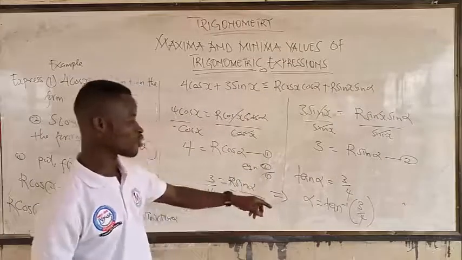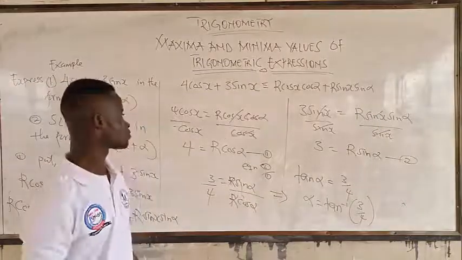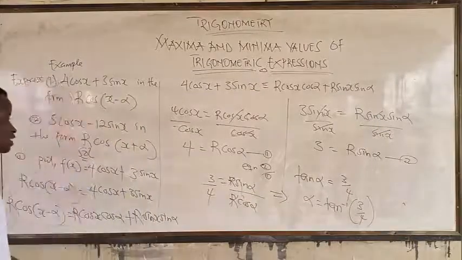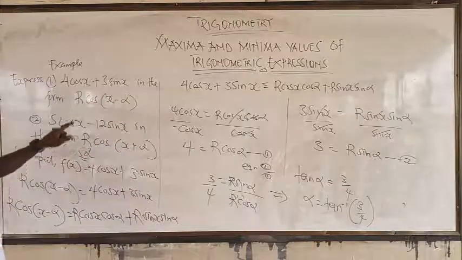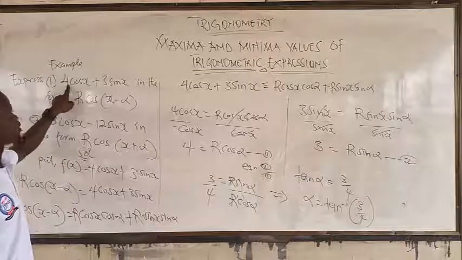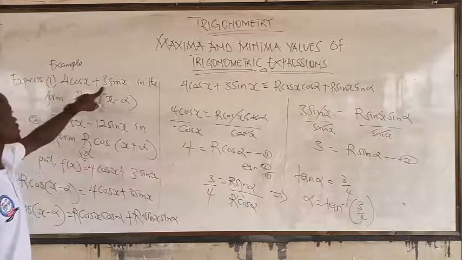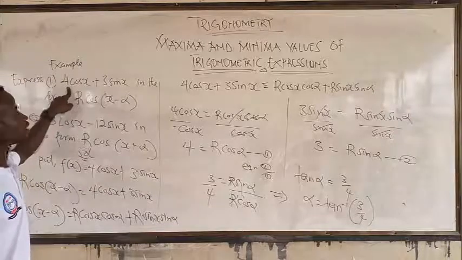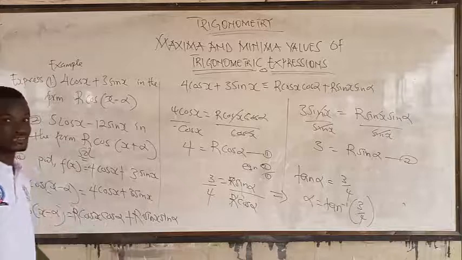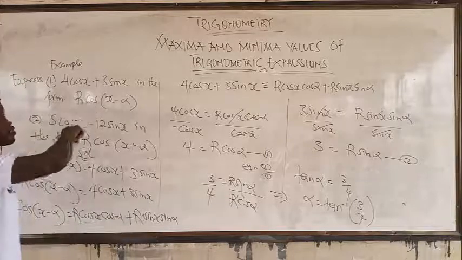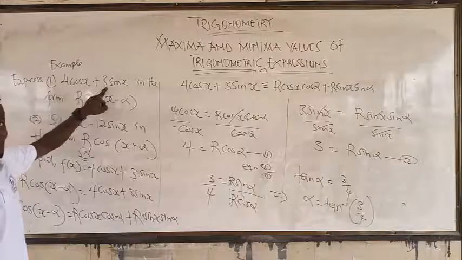Or we can say that alpha will be equal to tan inverse of A over B. But even without working, you can just see that alpha will be equal to tan inverse of this over this. Because if it's cos inverse, it will be cos over sin, so it will be 4 over 3. Now you can see that.